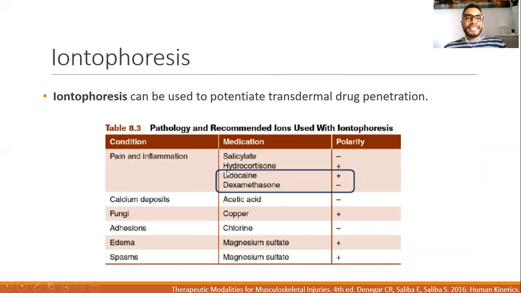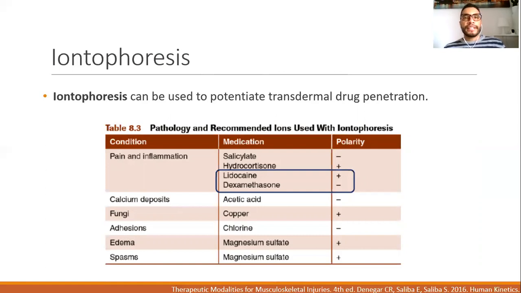We have here this example that you all learned in the ultrasound lecture. We learned about phonophoresis, which is basically the use of a gel medication to be delivered through the skin by means of ultrasound. Okay, so this is phonophoresis.